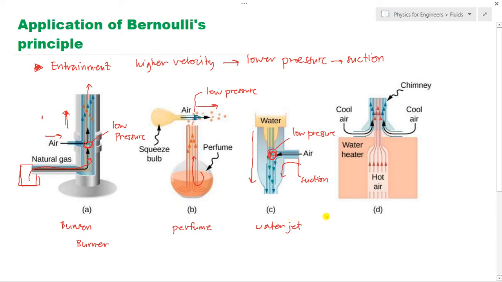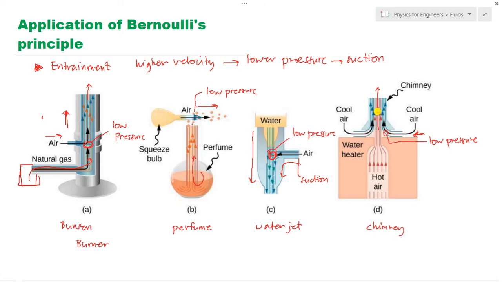The last one is in the chimney. So kani siya sa chimney, wherein naay hot air diri, mo rise ang hot air at higher speed. So pag rise niya at higher speed, kani nga part diri na-create na pud siya og another low pressure. So kung low pressure, naay suction, ang gisuck ang cold air padung sa kaning funnel o kaning chimney para mo cool ang exhaust niya.